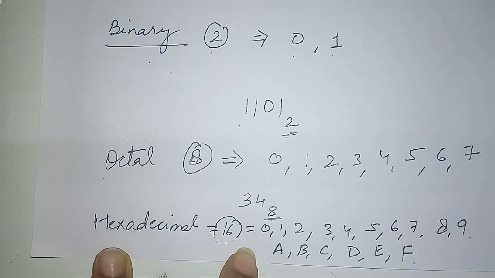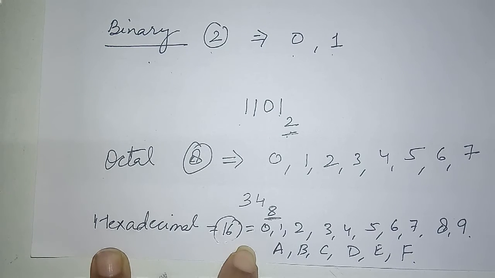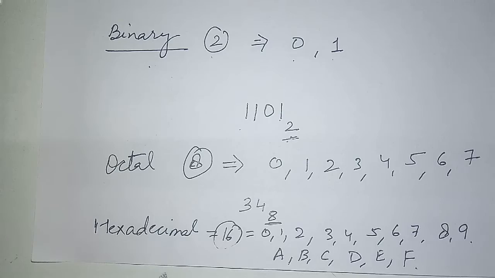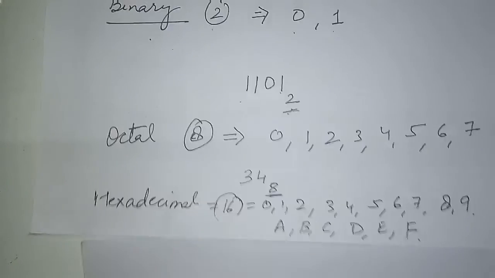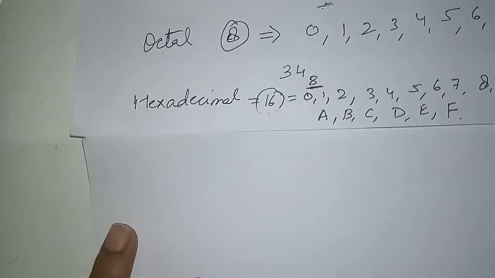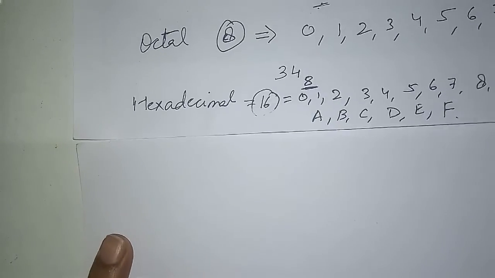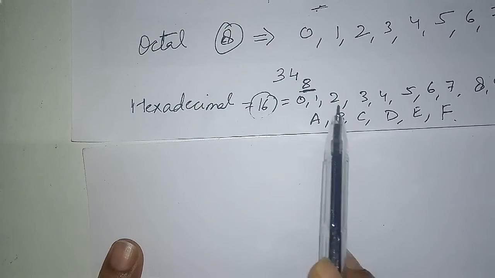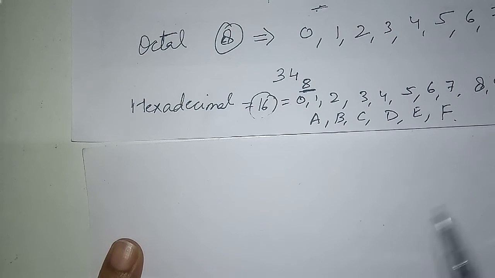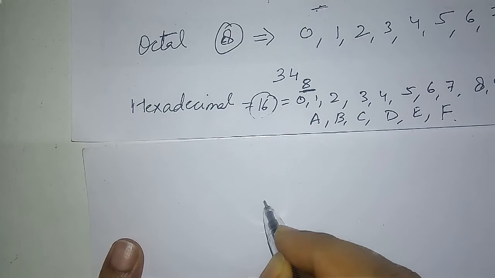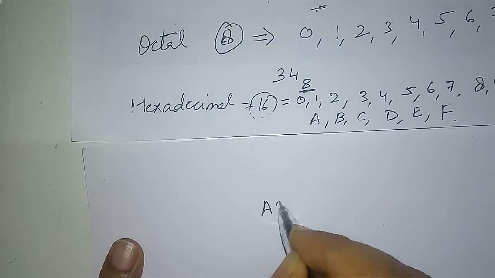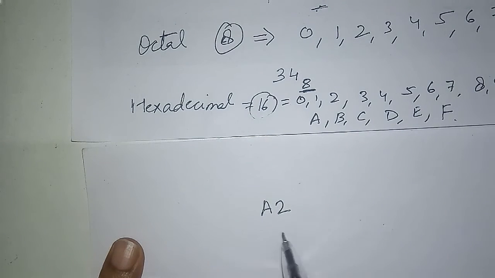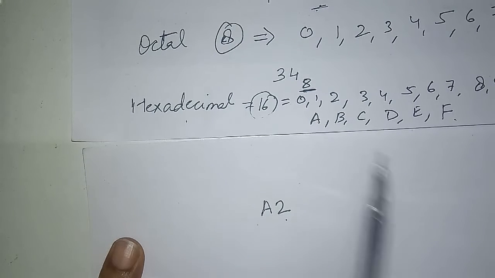So the hexadecimal number system can have any of the values which belong to it. Like if we have to represent a number in the hexadecimal number system, it is going to be written by using these symbols only. Suppose we have used the letter A and the number 2. So A2 is the number represented in the hexadecimal number system.